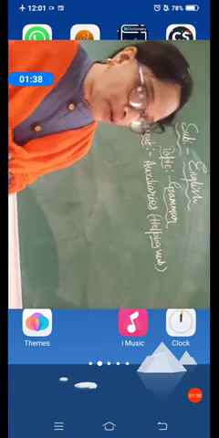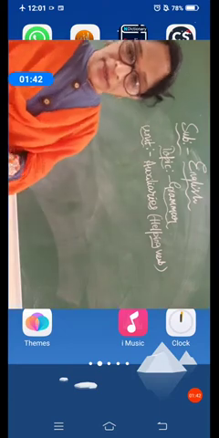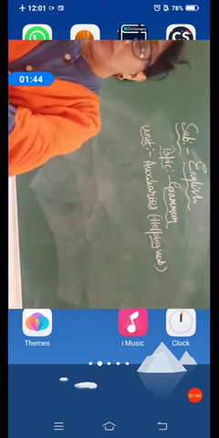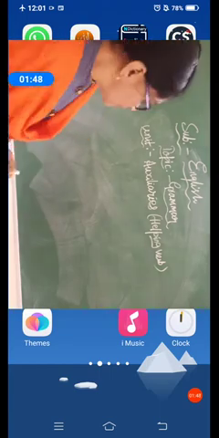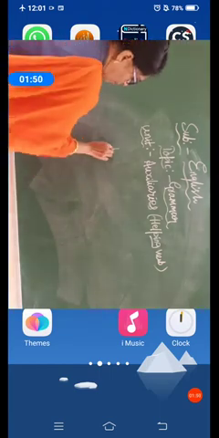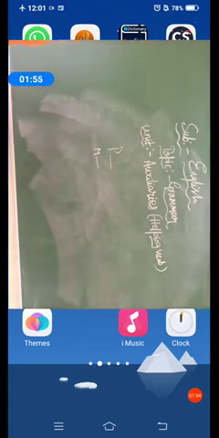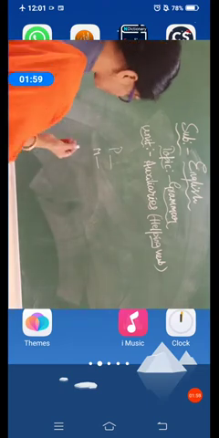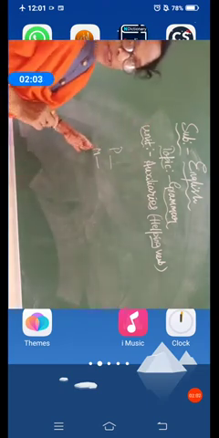And as I told you already, these helping verbs are divided into two forms. That is one, primary and modal. Primary helping verbs and the modal helping verbs.